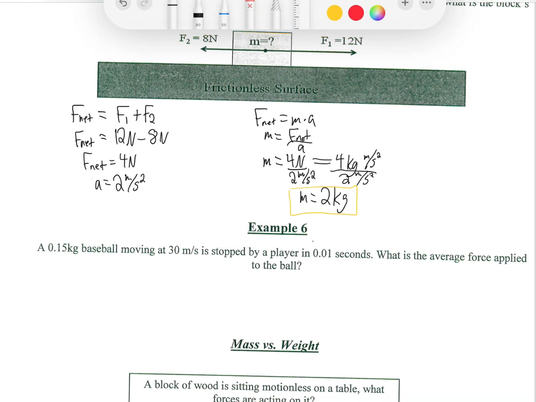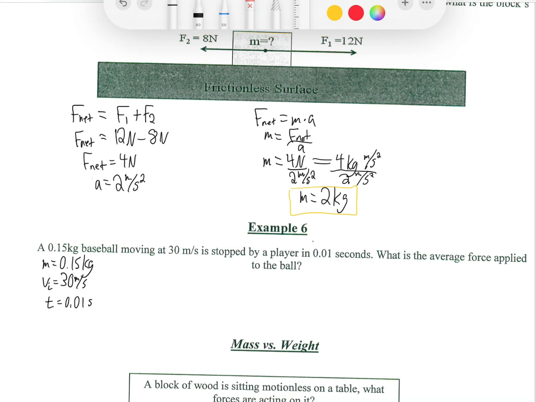It tells us the mass is equal to 0.15 kilograms, and it's moving with a velocity of 30 meters per second. Specifically, we can call that our initial velocity. Then it gives us a time in which it's stopping that is equal to 0.01 seconds. So what is the average force applied to the ball?